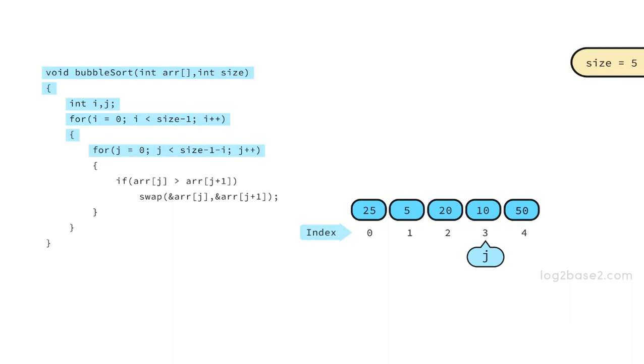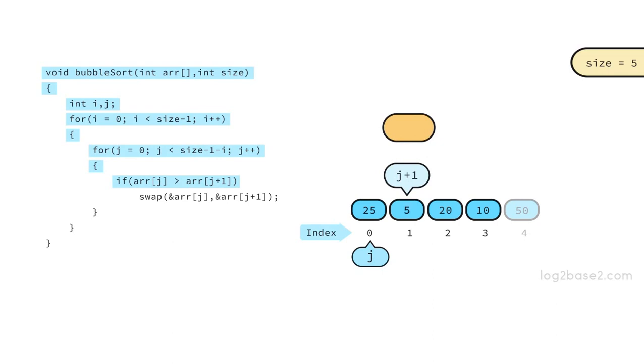And in first iteration of this loop, j is equal to 0. And we have if arr[j] greater than arr[j+1]. And we are comparing the elements at index 0 and 1. And we have 25 greater than 5. So if is true here, so we have to swap these two elements. Now in the next iteration, j is equal to 1.